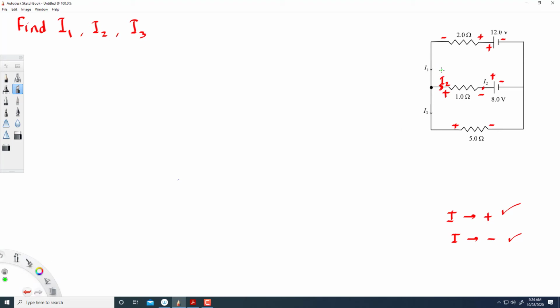Let's choose a clockwise path for the upper one and a clockwise path for the bottom one. Let's call this loop 1, and that's loop 2, and let's call this junction J. So start with the junction rule.